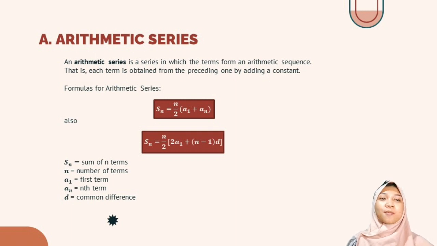Also, the sum of n equals n divided by 2 multiplied by 2 times a sub 1 plus n negative 1 times d, where the sum of n is the sum of n terms, n is the number of terms, a sub 1 is the first term, a sub n is the nth term, and d is the common difference.